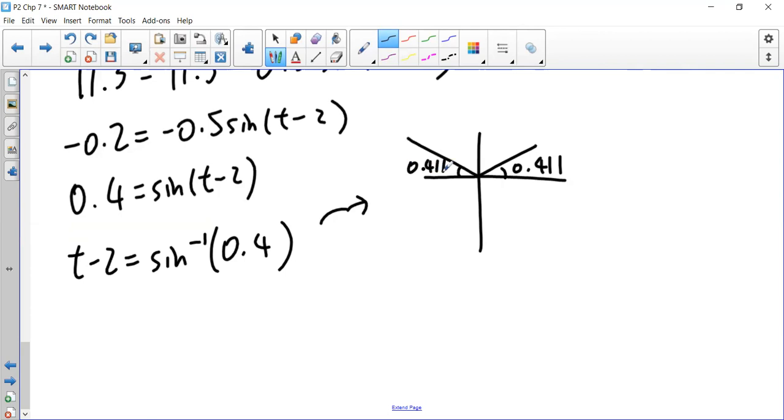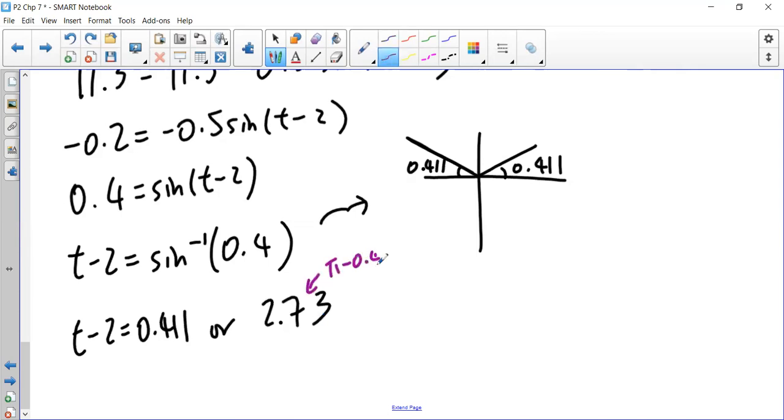So the two answers are t minus 2 equals 0.411, or the second value, which is pi minus 0.411, which is 2.73. So where does this value come from? This is pi minus 0.411.